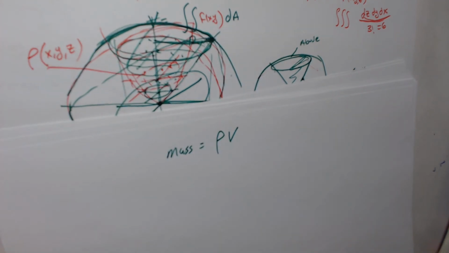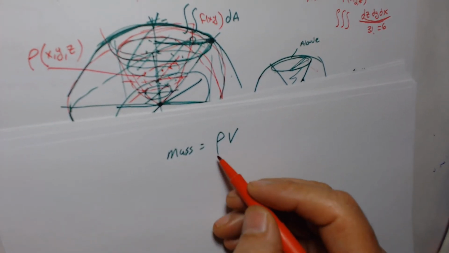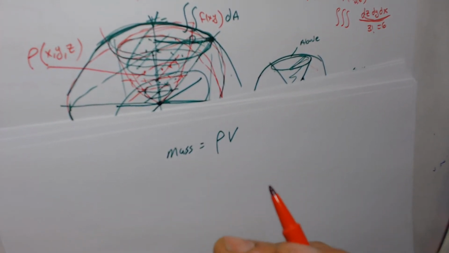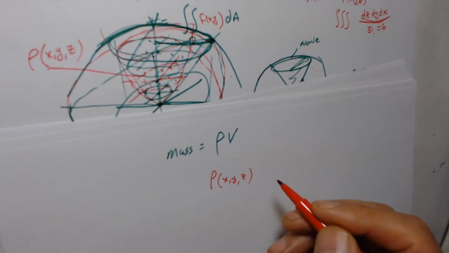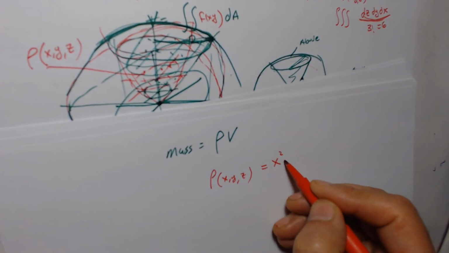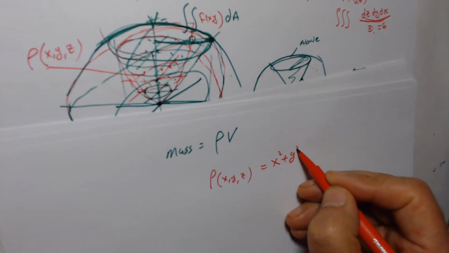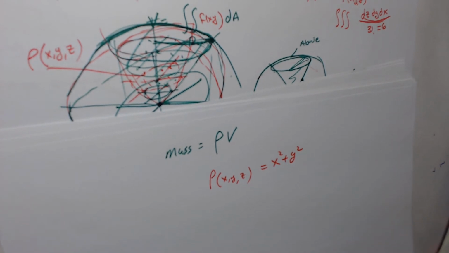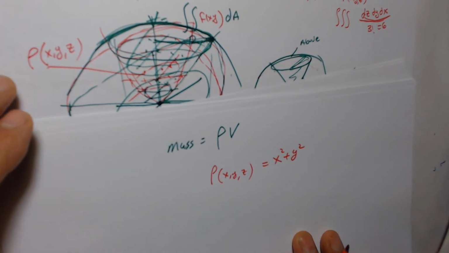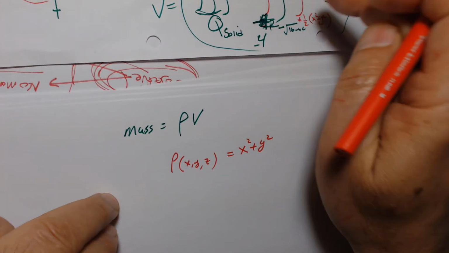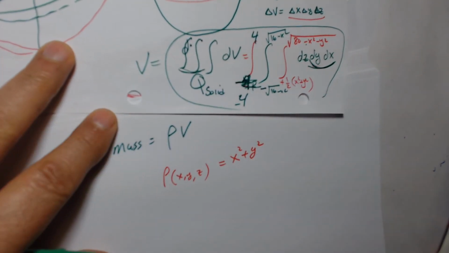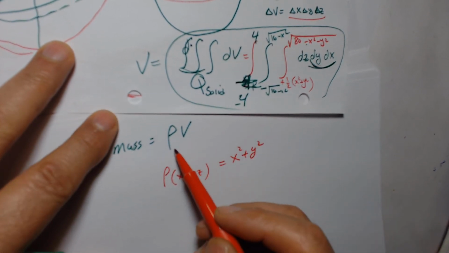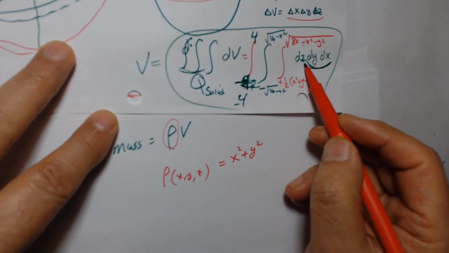Therefore, here, what I'm going to do, I'm going to just make it up, and I'm going to say my rho of x, y, z is x squared plus y squared. I just made it up. Then what is the mass? Mass is going to be exactly that problem, not any different, except the mass is going to be density times the volume.